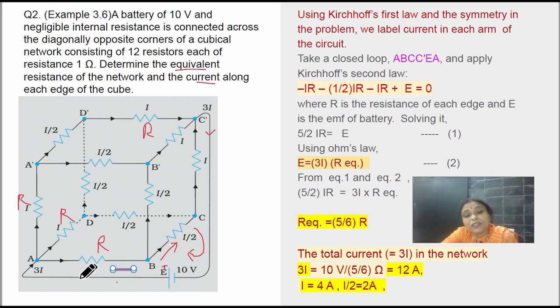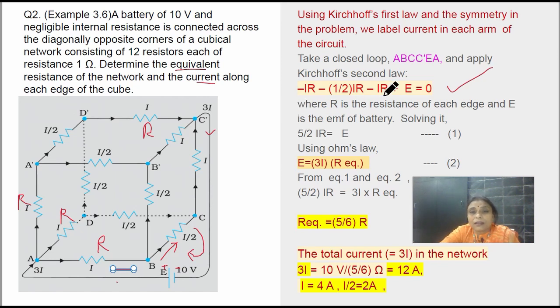So the voltage drop across is minus IR. It is a minus sign when both the current and the path are in one direction. Then here also it is minus of half I into R. Again the same direction, so minus IR, and then it comes out and goes from the negative end to the positive, so it is increasing, it is plus E. This is equal to 0, and we get our first equation from the loop law, Kirchhoff's second law.